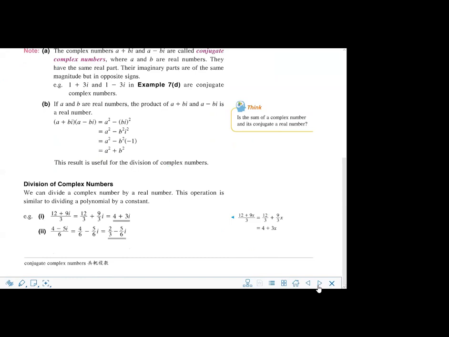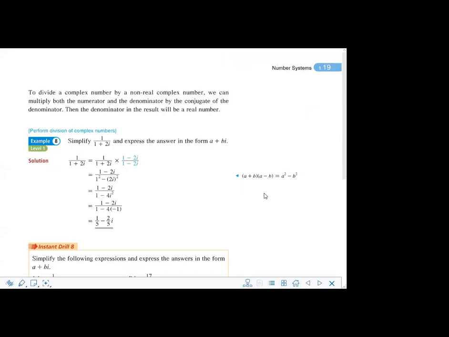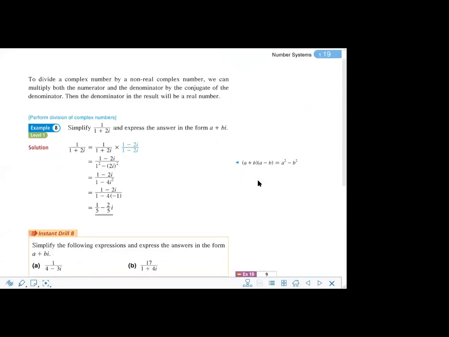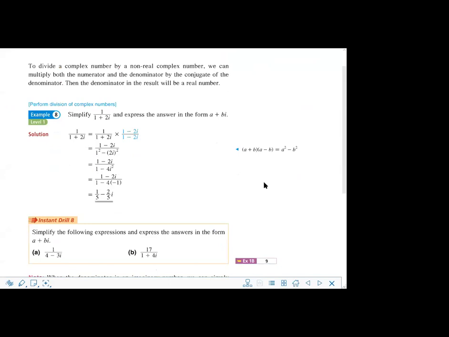Next page. 好，記呢個技巧啦。So when you see a fraction, and when you see that there is an i term in the denominator, it is not allowed in the answer. So it is not simplified.